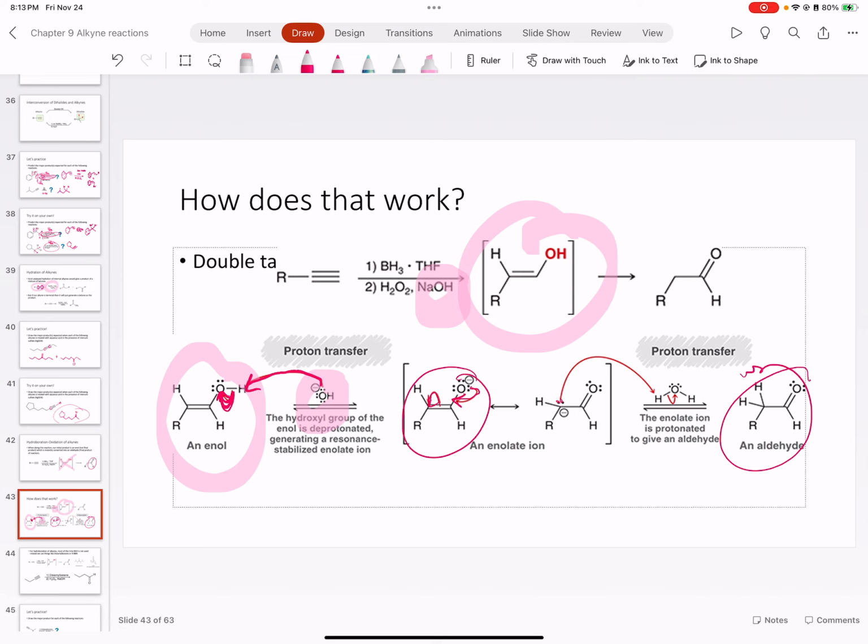Like I said, it's not really a requirement, but it's for you to know how it works. If not, just keep in mind that when we do hydroboration, we're technically creating an aldehyde from it. So then you have to think about it. An aldehyde is a group that has an oxygen with a hydrogen, right?